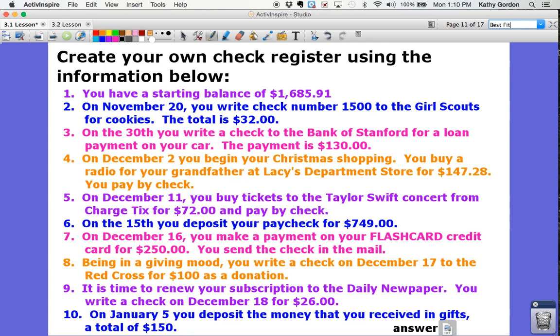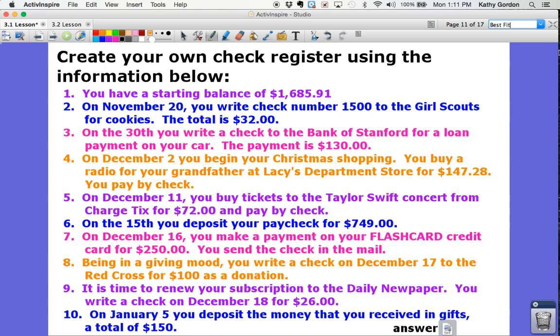Okay? And then when you're all done, we're going to see if everyone's coming up with the correct new account balance. And then we're going to use this when we get to our example about reconciling, taking our check register and matching it up with what the bank says. Okay, so take a few minutes right now to write this up on your check register, and then we'll use that in just a minute for an additional column.